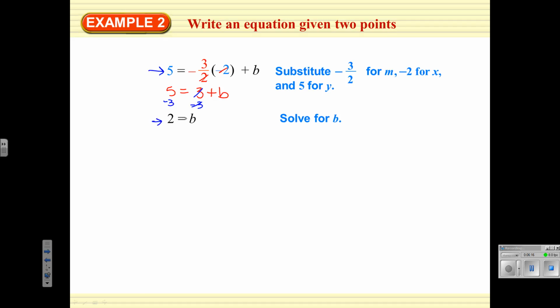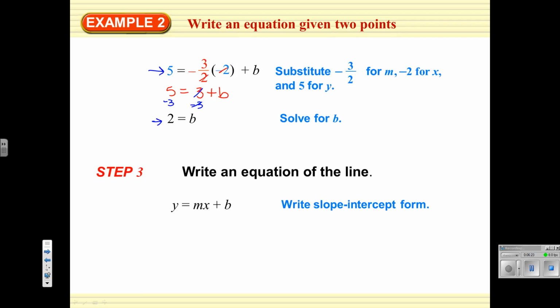Now we know our b and we know our slope, so now we can write our equation. We're going to substitute negative 3 halves in for m and positive 2 for b. So now we've done a couple things. We found b when they give us the slope and 1 point. We've also been able to find the slope and the b when they just give us 2 points.